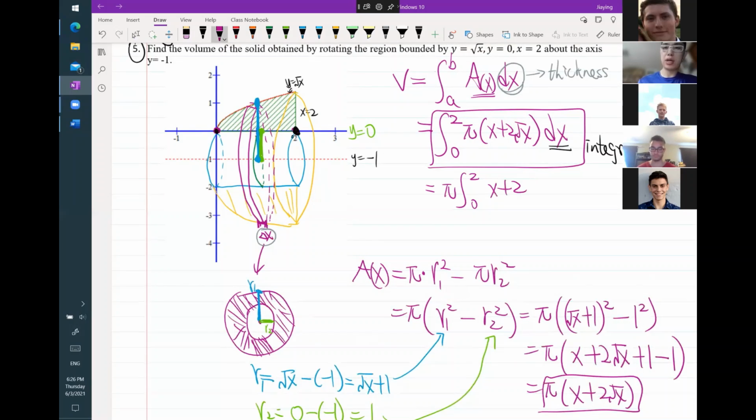And I would recommend that you rewrite square root of x as x to the 1/2, to make it easy to find the antiderivative. And for both terms, when you find the antiderivative, just add one to the exponent and divide by the new exponent. I don't think it's that challenging.